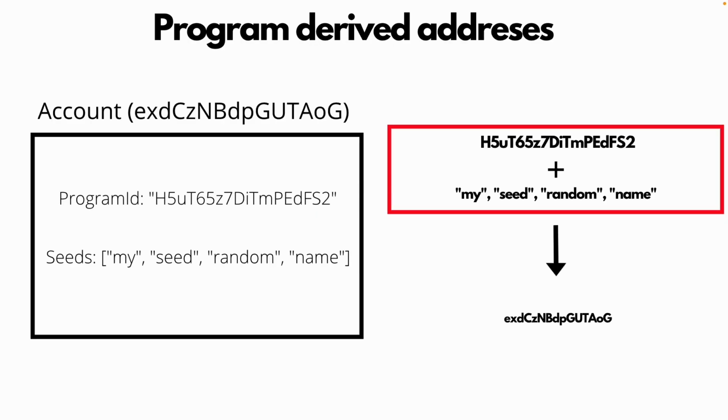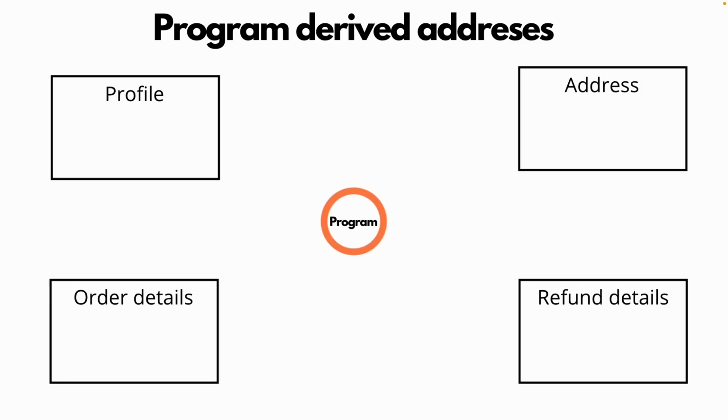Let's try to see how that works in a bigger application like an e-commerce application. Generally, this is how I would structure a Web3 e-commerce app. You basically need to be able to store a user's address, their profile, each of their orders, and their refunds, right?